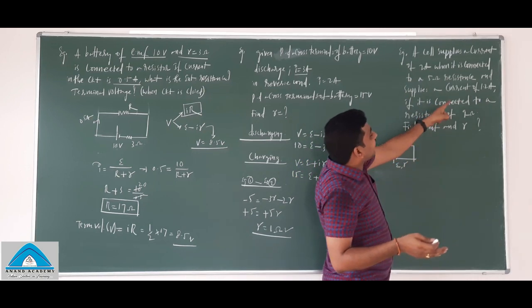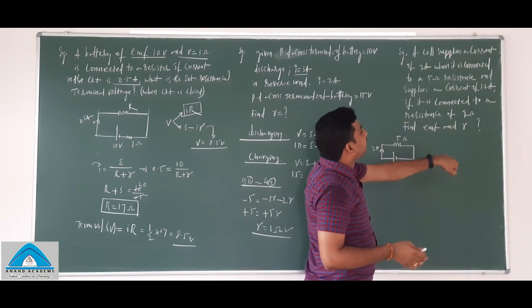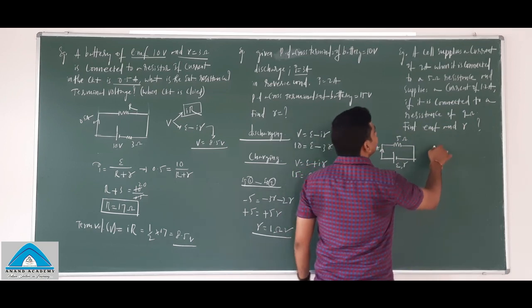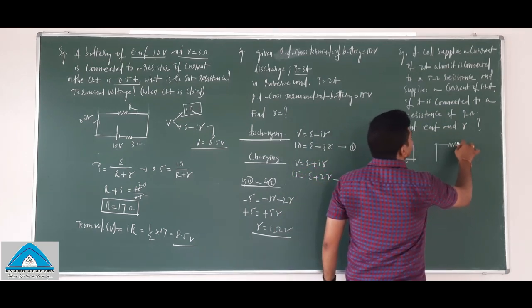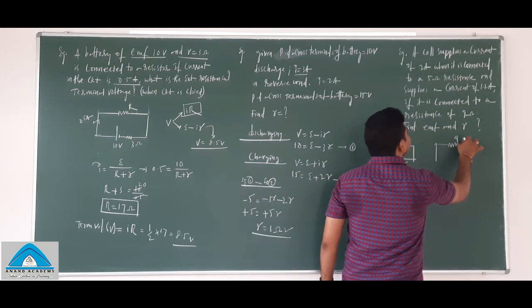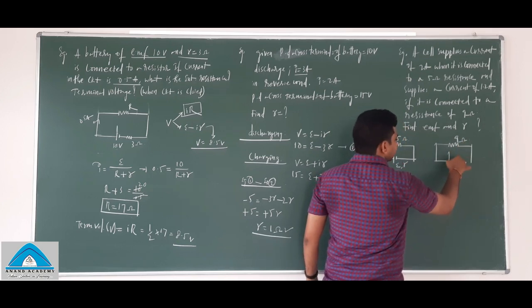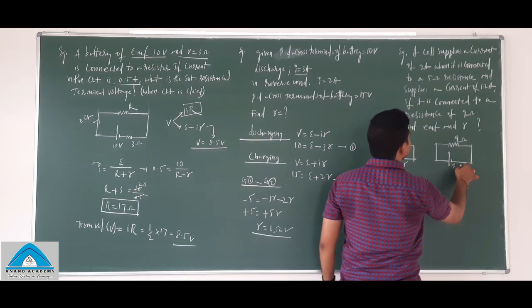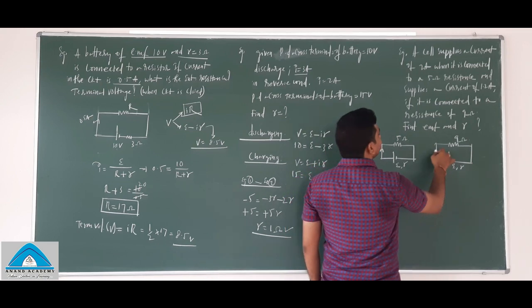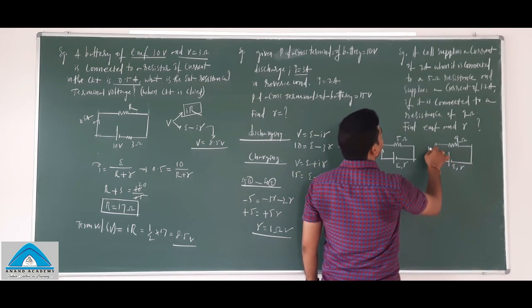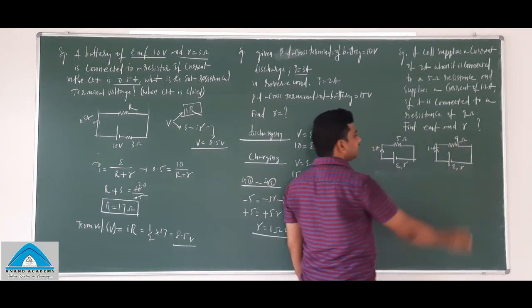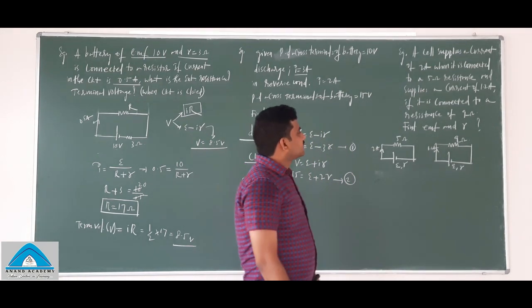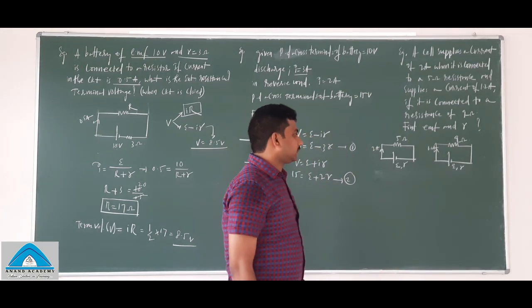And it supplies a current of 1.2 ampere when it is connected to a resistance of 9 ohm. So there is 9 ohm resistance when the cell is connected. This is EMF E and r. It's connected, then 1.2 ampere current is flowing. So what is EMF and r?